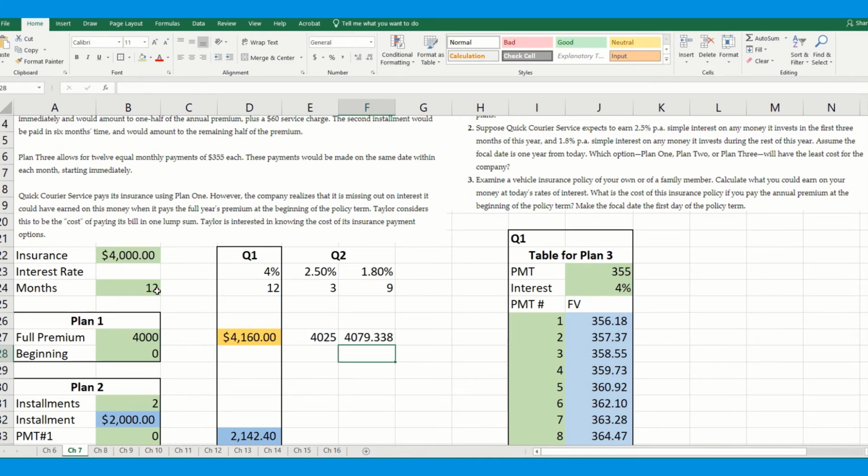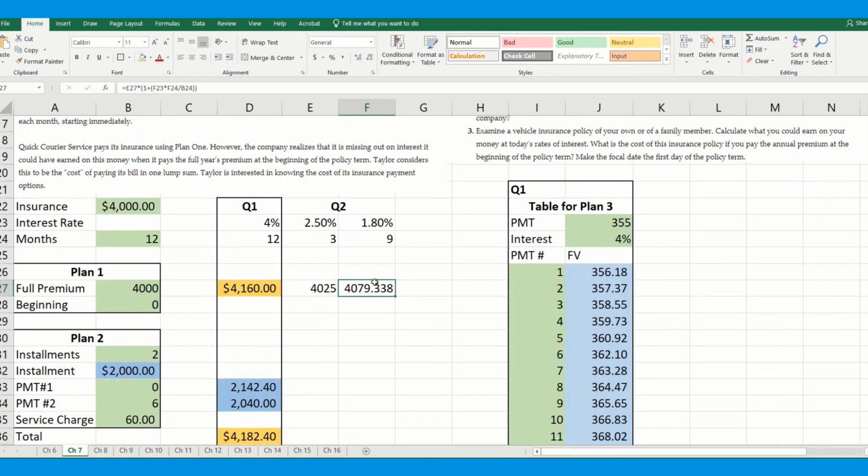So what happened here is our money of 4,000 grew to become $4,079.38, because it sat in the account for the first 3 months, making 2.5%.